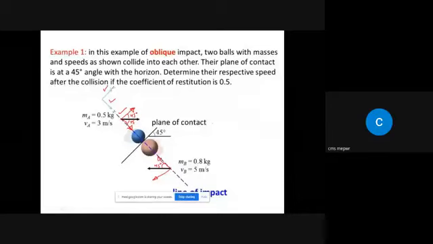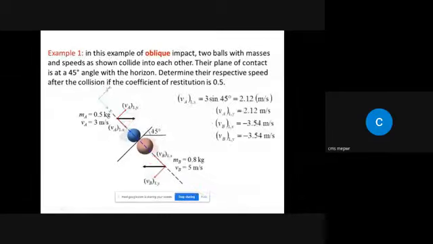Let's try to find out those components. These are the components along the y-axis and x-axis for A, and this is the component along the x-axis for B, and this is the component along the y-axis for B. From basic trigonometry, to find VA1x, since this angle is 45 degrees, this component will be with sine.